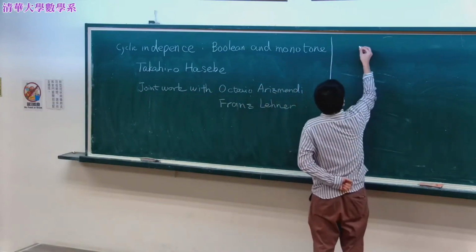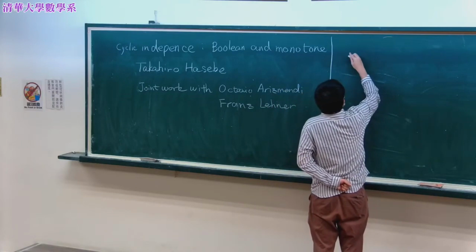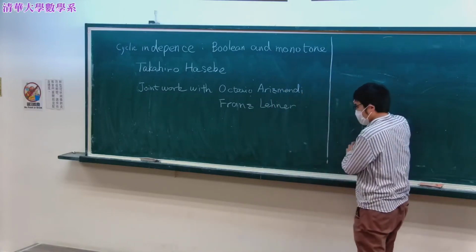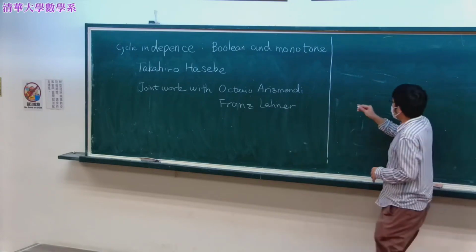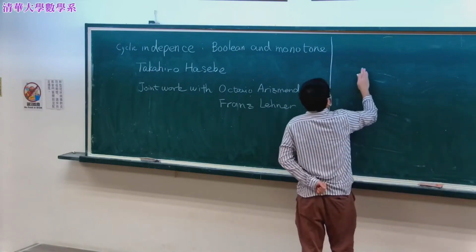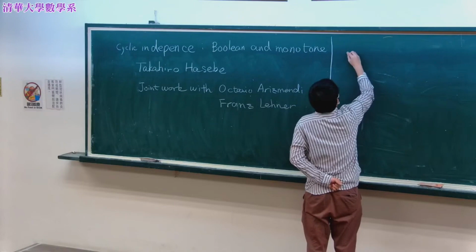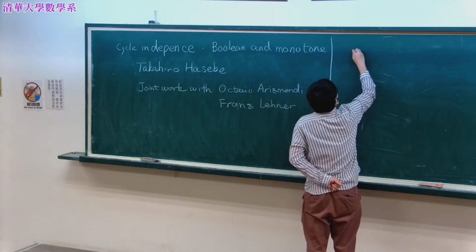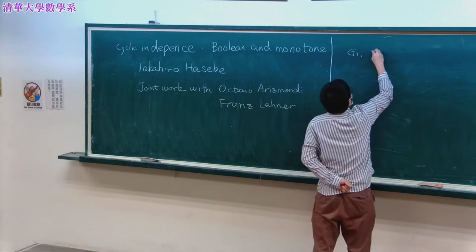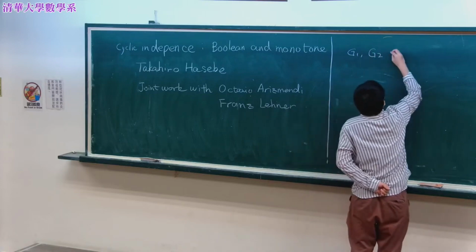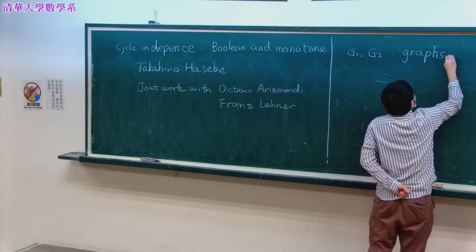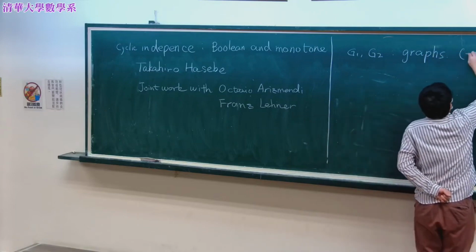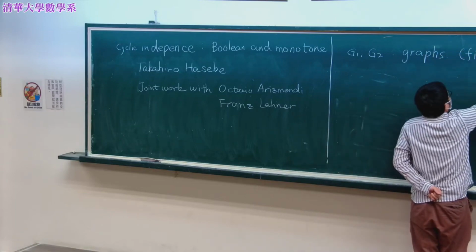Okay, so let's consider. In graph theory, there are several binary operations. I will tell you some examples. Firstly, I will think of two graphs. For now, let me assume they are finite and simple.